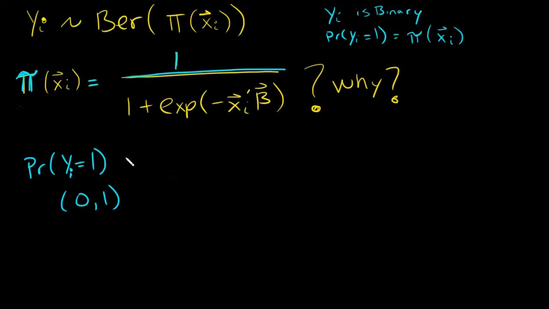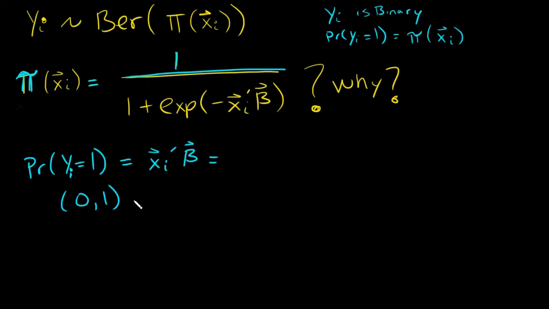So when we're modeling this, if we were to use a linear model where we just have xi transpose times beta, by the way, I'm using vector notation. Don't let that throw you.